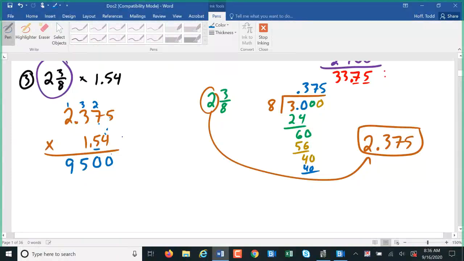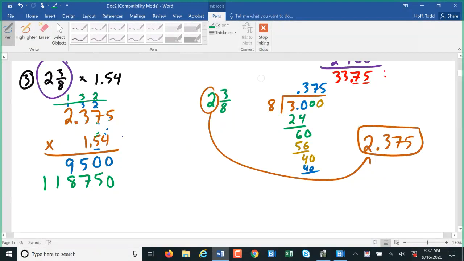We move over to the 5, we put 0 down here, and we mark our carries. 5 times 5 is 25, so 5, carry the 2. 5 times 7 is 35, plus 2 is 37. So 7, carry the 3. 5 times 3 is 15, plus 3 is 18, so 8, carry the 1. 5 times 2 is 10, plus 1 is 11. So 1, and we carry the 1.